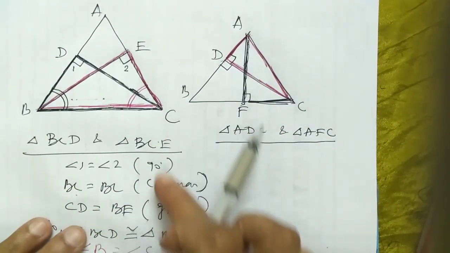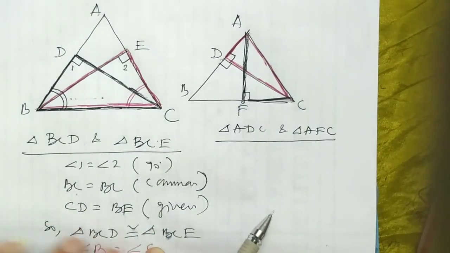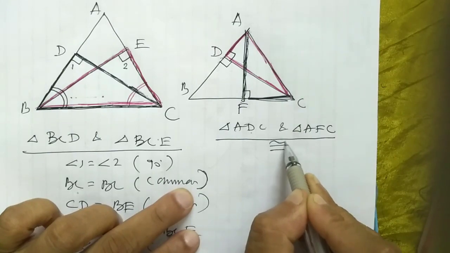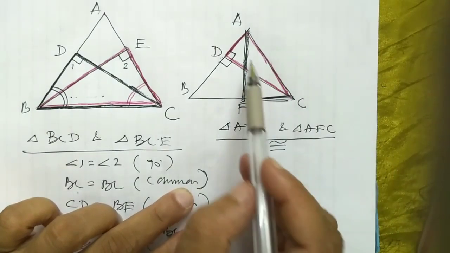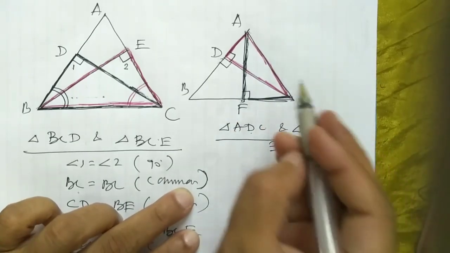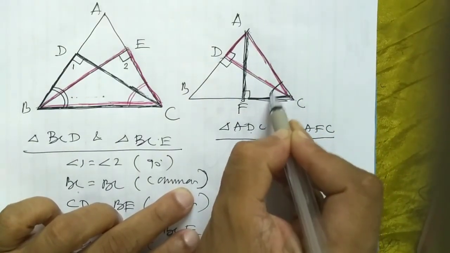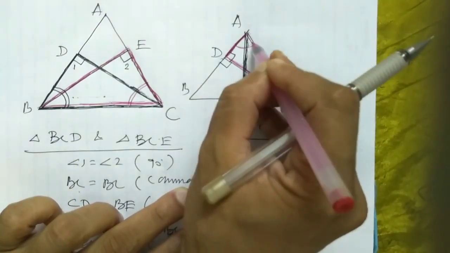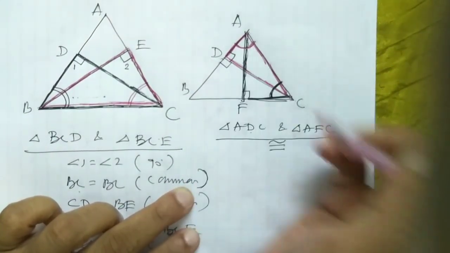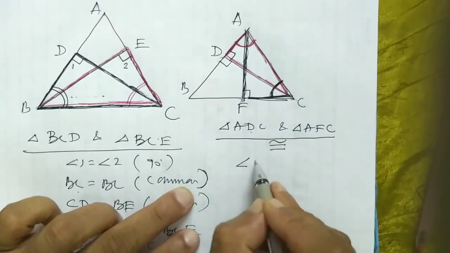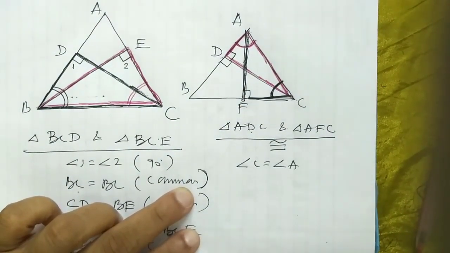In the same way I can show that these two triangles are congruent. So when your red and your black are congruent, this is the angle of the black one and this is the angle of the red one. That means angle C equal to angle A.